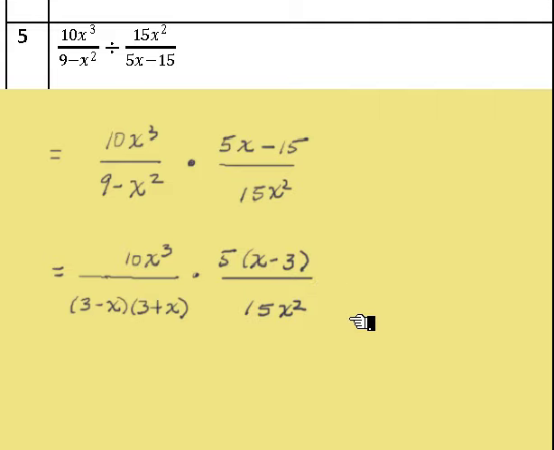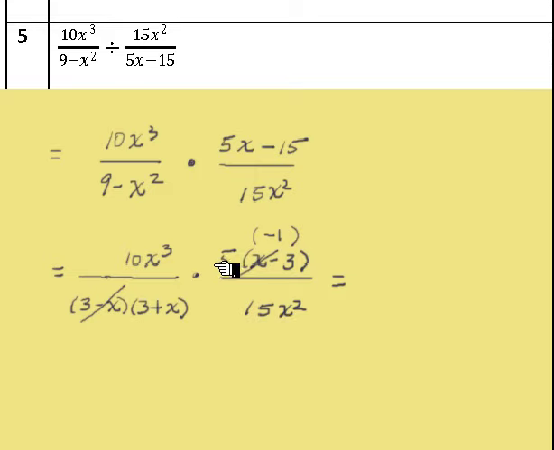Okay, now let's look for some common factors. All right, so we see the x minus 3 and the 3 minus x. And remember, these are subtractions in different orders, so we can cross them off but replace with a minus 1. All right, we also have, let's see, here we have a 5 and a 15.